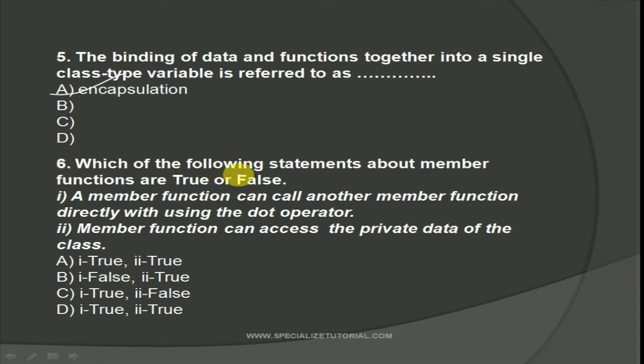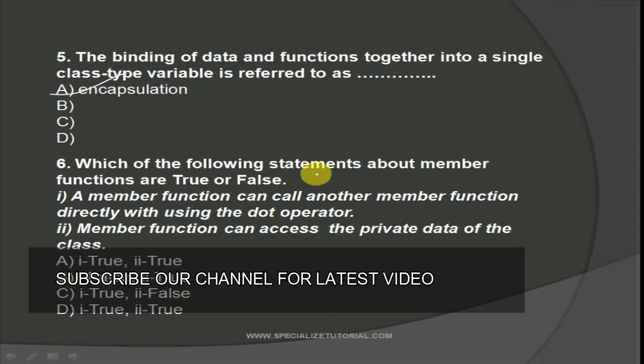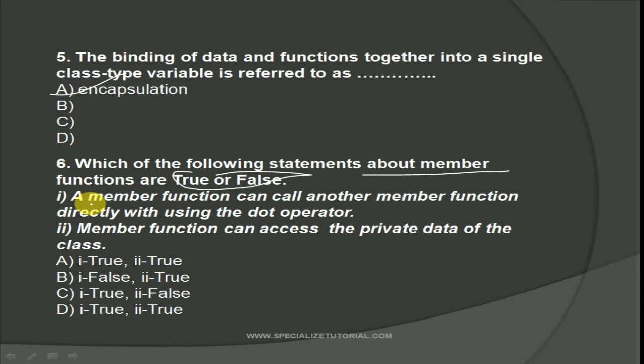Which of the following statements about member functions are true or false? So just think very carefully. So first statement, a member function can call another member function directly using the dot operator.